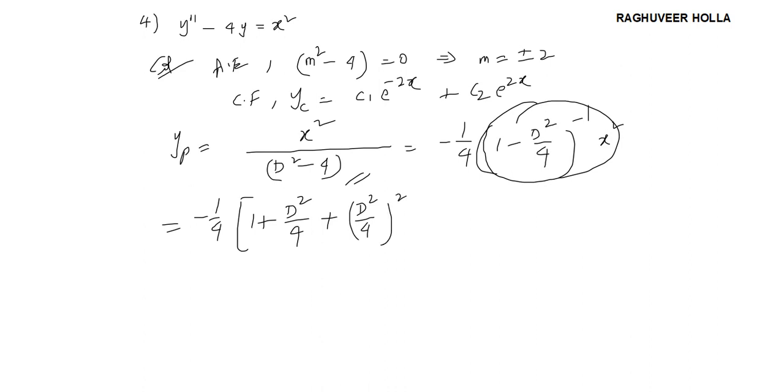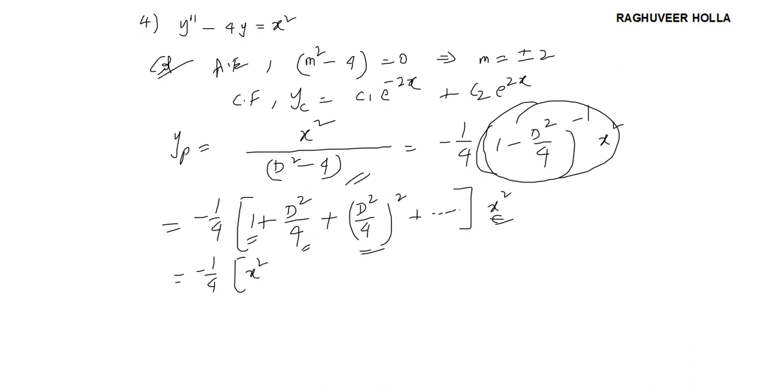Fine. Now since it is minus, I get plus throughout, so I won't be needing the other terms because it becomes 0. So let us multiply this with respect to this, first term, and this with respect to this again, and this with respect to this again. So let us further continue this. If I multiply with the first term, I get 1 minus 1 by 4, and this is x square.